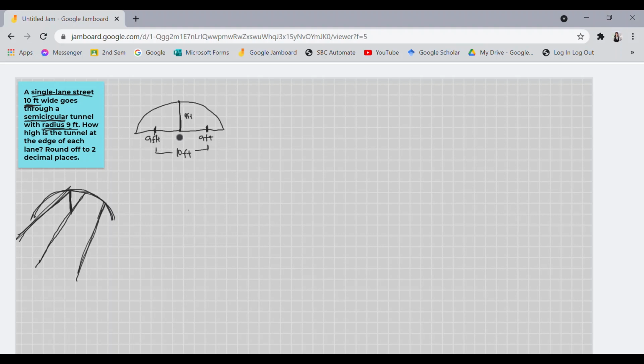Again, in the first part, I described this semicircle. This is its center, and to any side, it connects to the circle at 9 feet distance because that is the radius. If the lane is 10 feet and it passes through the middle, halfway of that from the middle part of the lane is 5 feet.